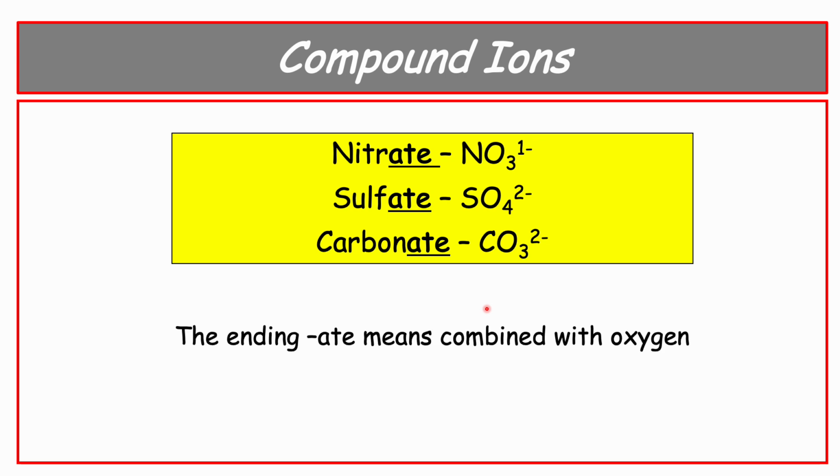So anytime that the name of the ion ends in -ate, it means that it's combined with oxygen. So -ate means there is oxygen present in the compound ion. So nitrate is a nitrogen and an oxygen. Sulfate is sulfur and oxygen. And carbonate is carbon and oxygen. Our only exception from the last slide would be hydroxide, which is just OH minus.